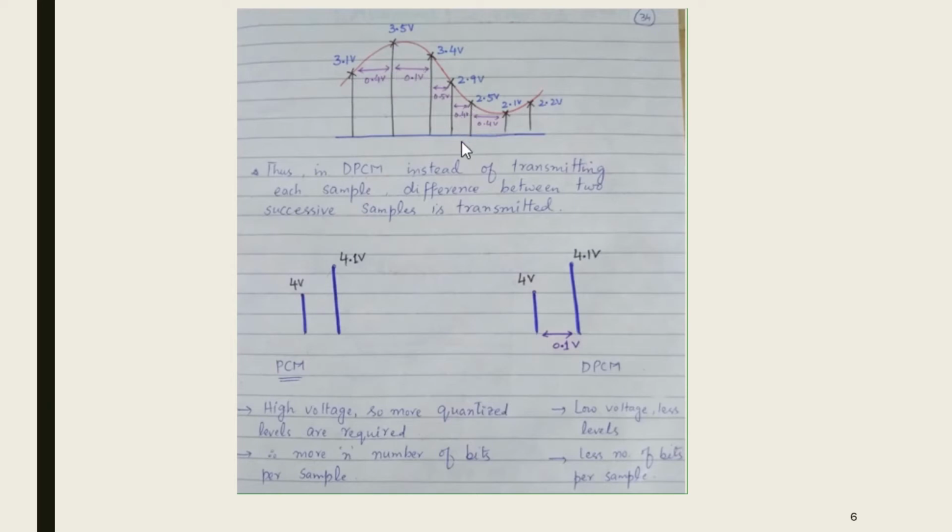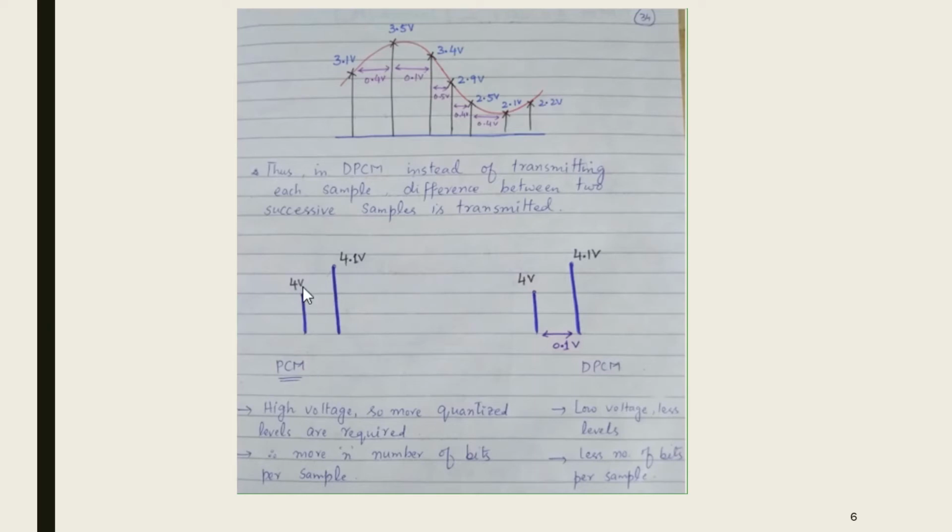Now the question is how this approach helps us in saving our bandwidth, and how it helps us in any transceiver scenario. Suppose you have two samples, one at 4 volt and the other at 4.1 volt.